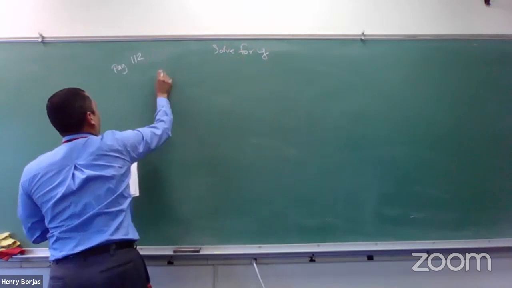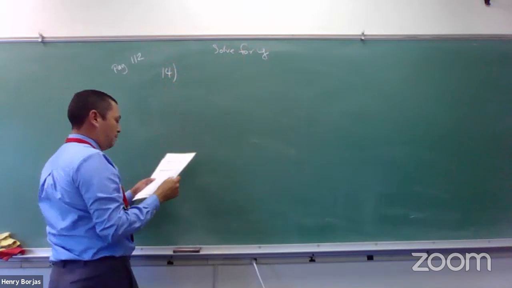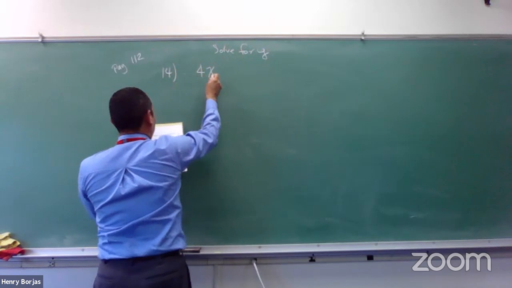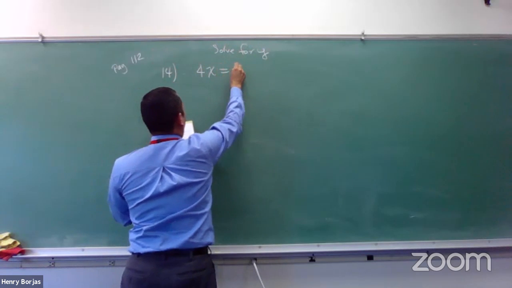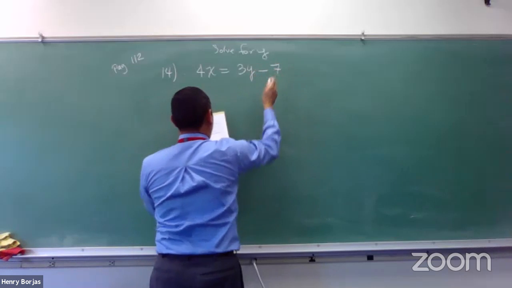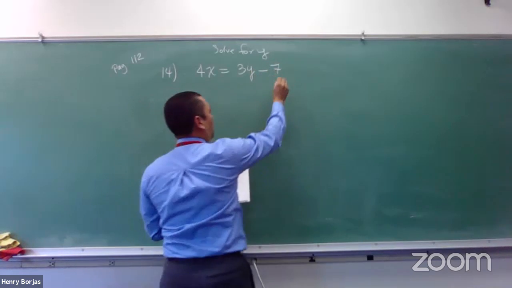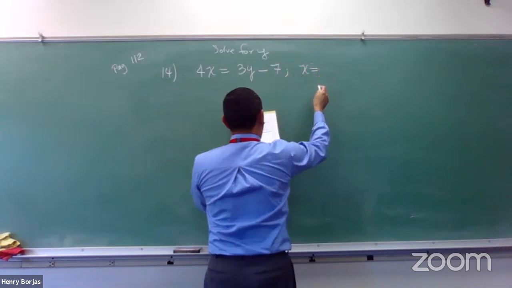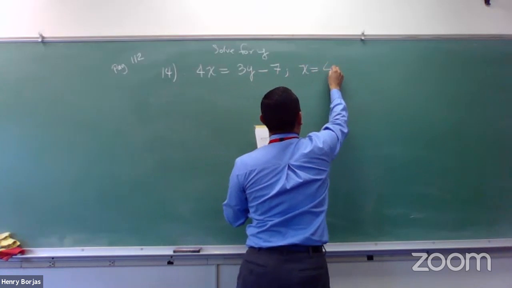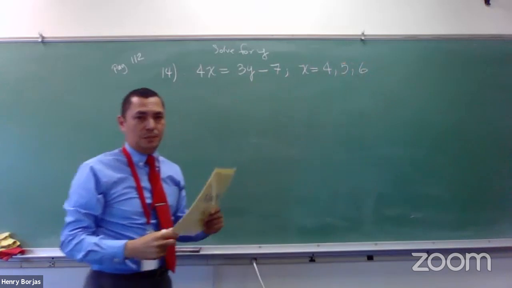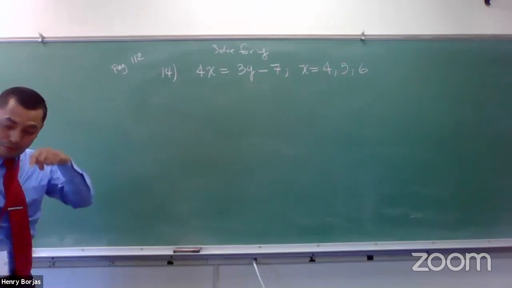And 14 is 4x equals 3y minus 7. And the values to evaluate are x equals 4, 5, and 6. Those are the values that we're going to evaluate.